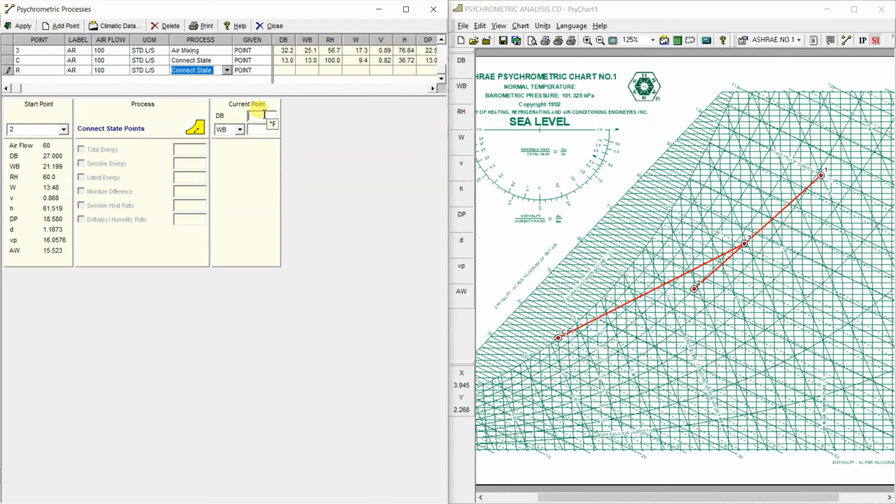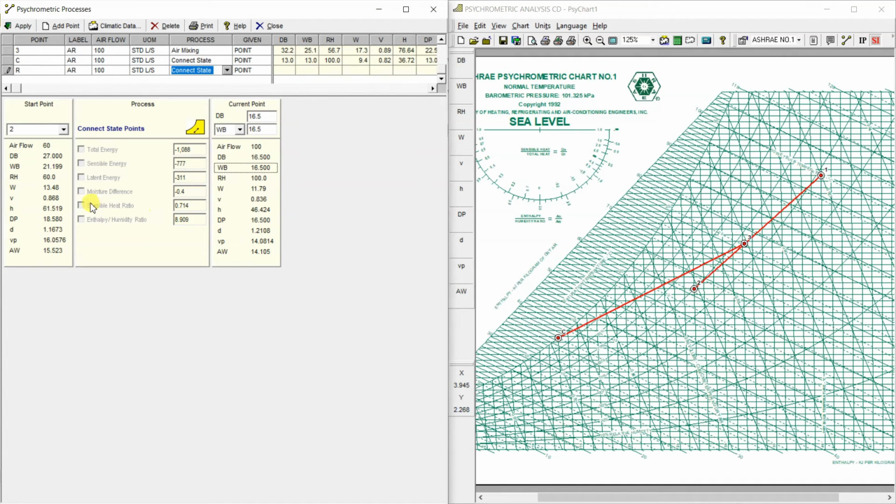Here I'll put in some values. Okay, so suppose this is 16 and this is also 16. So here you can see sensible heat ratio, or room sensible heat factor, that is 0.681. So by trial and error you have to consider this. Suppose this is 16.5 and this is again 16.5.